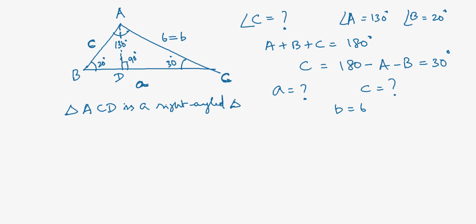Now in this triangle ACD, angle D is 90 degrees, right? To put it more specifically, angle ADC: you start from point A, go to D, and go to C. This is 90 degrees. So angle ACD, what is that?